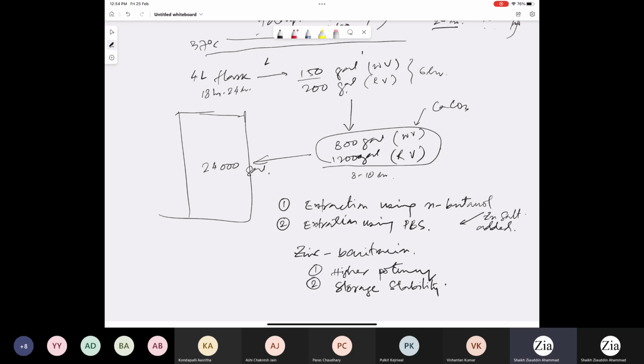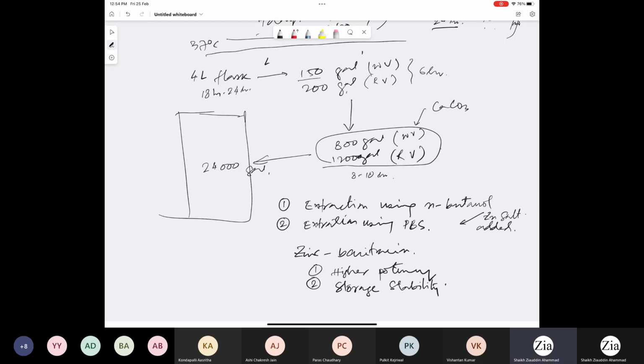And for human use, you use this extraction, and after extraction you add zinc salt to increase the potency and also storage stability, and then you go for vacuum drying.